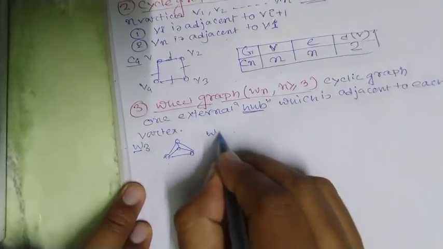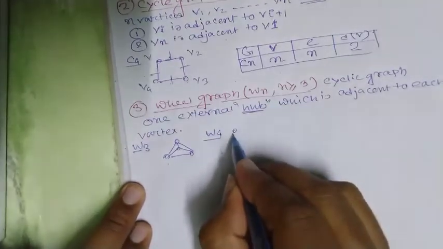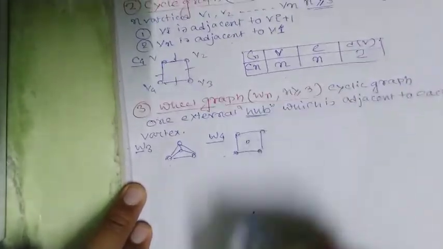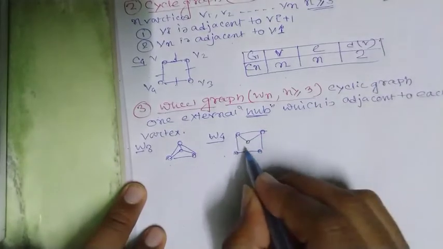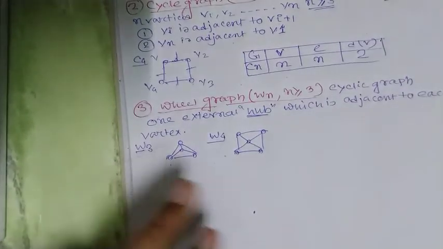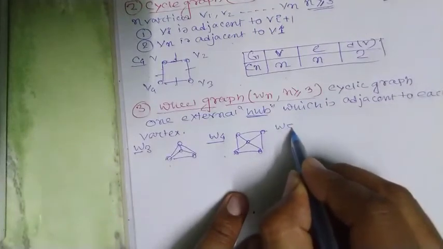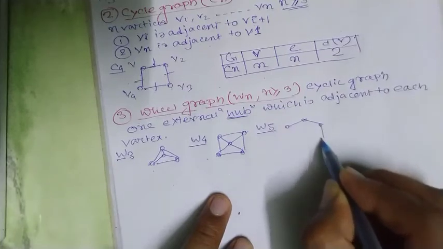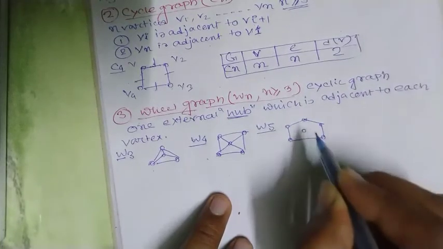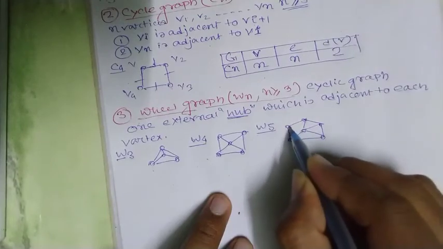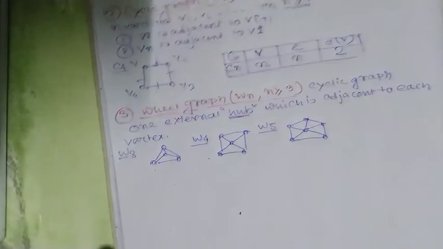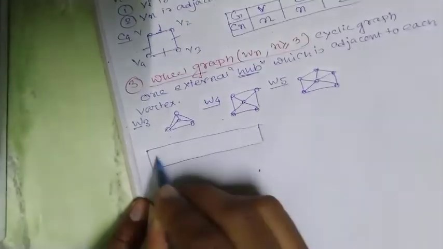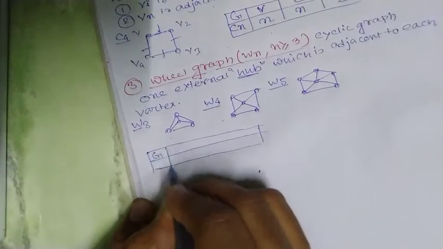Okay, next W4: this is C4, one external node which is adjacent to every vertex. And the last example W5, like this, with one external hub. I think this much is clear, so just try to draw the table. This is easy for you, I think.